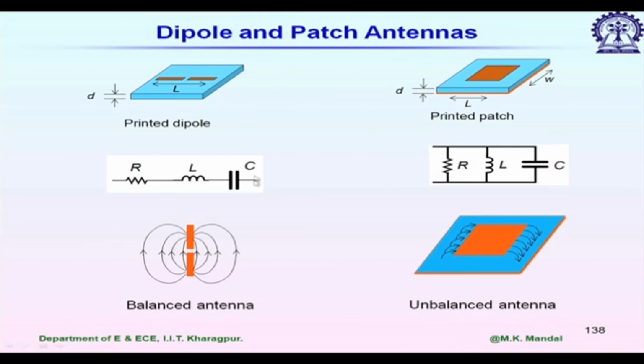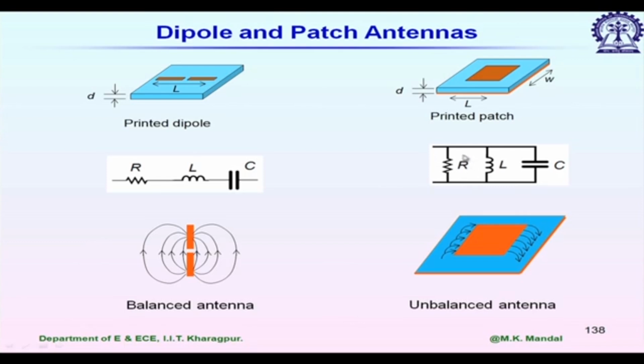If you look at this equivalent circuit for printed dipole and printed patch, both are resonating antennas, but in the equivalent circuit, the printed dipole is represented by a series resonator, where this capital R includes both the radiation resistance and the loss in the antenna structure itself, whereas the printed patch is a parallel resonator and R represents the same things.